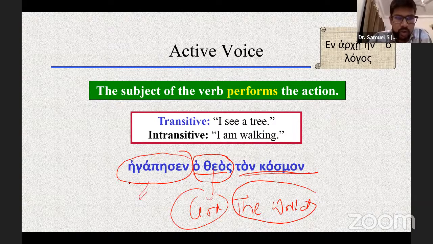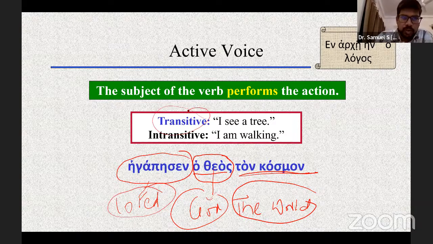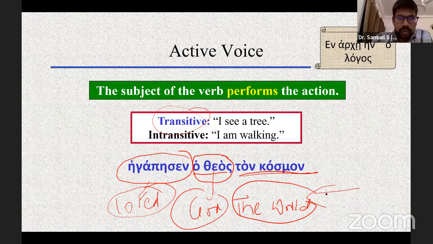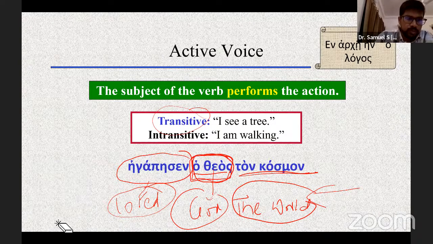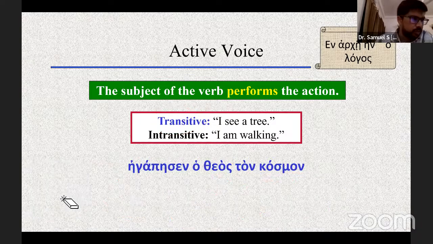Agape, egapesen. God loved the world. Here, this is a transitive verb because it's taking the object. And this is also in the active voice because the subject, nominative case, ho theos, is the one doing the action, loving the world. God loved the world.